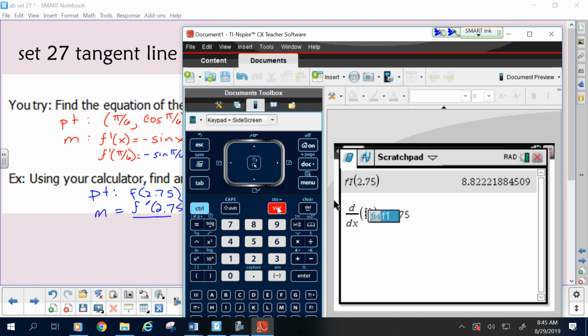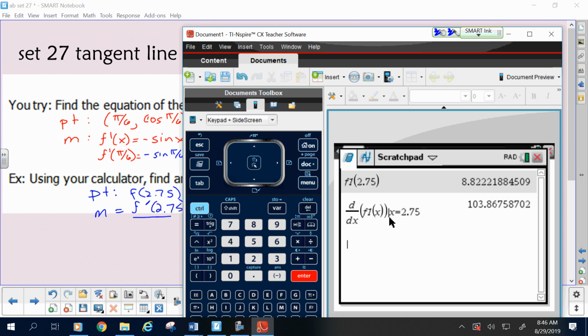Go to vars and give it f1 of x. We want the derivative of function 1. And I get 103.867, which normally would freak me out, but looking at that graph, it was really steep there. So it seems okay. Are we cool?